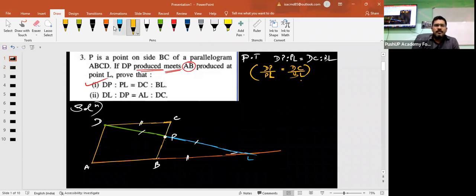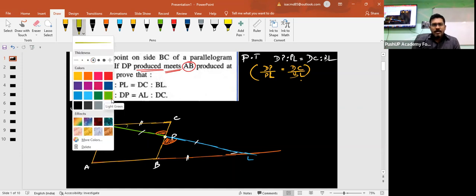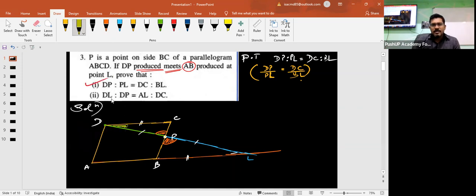Now don't you feel this angle DPC and this angle BPL, they both are equal. They both are equal because they both are vertically opposite angles, because they originate at the point of intersection, right? Second point, children, can't I say that these two angles are also equal because they are alternate interior angles?